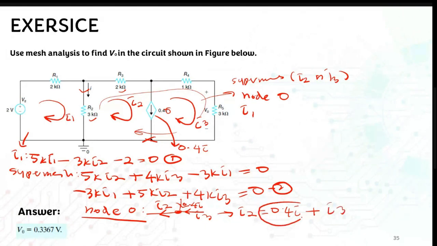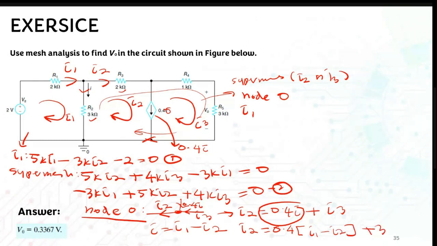You know that your I here is actually I1 minus I2, so you can just substitute the value: I2 equal to 0.4 times (I1 minus I2) plus 3. This is going to be your third equation.